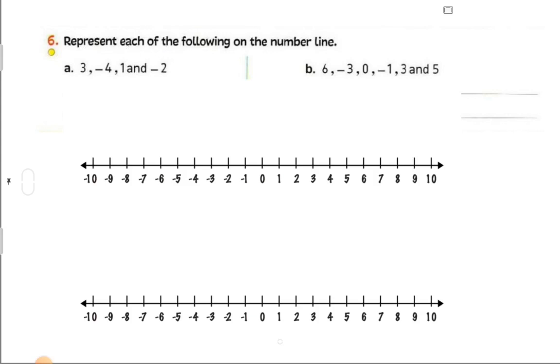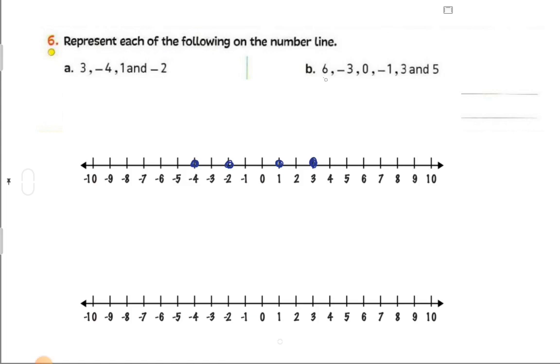Represent each of the following on the number line. Start with 3, negative 4, 1, negative 2. Just draw a number line like that, and put 3 here, negative 4, 1, negative 2.